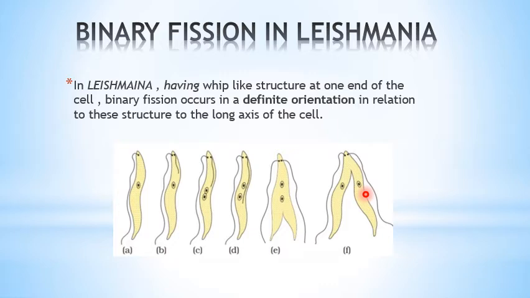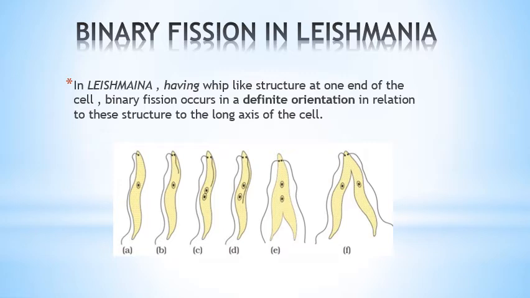In leishmania, having a whip-like structure at one end of the cell, binary fission occurs in definite orientation in relation to the long axis of the cell. The two daughter cells formed are identical to the parent cell.